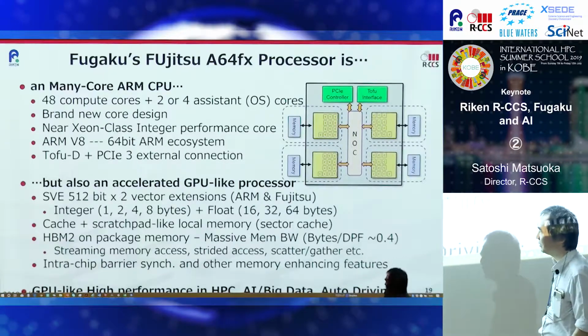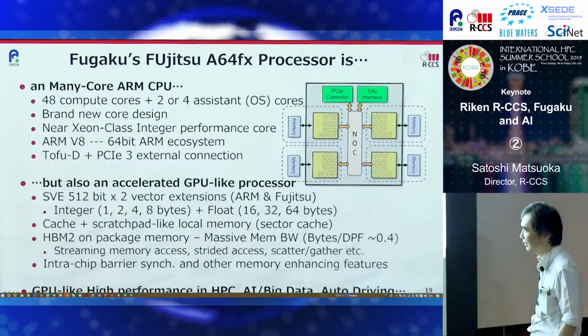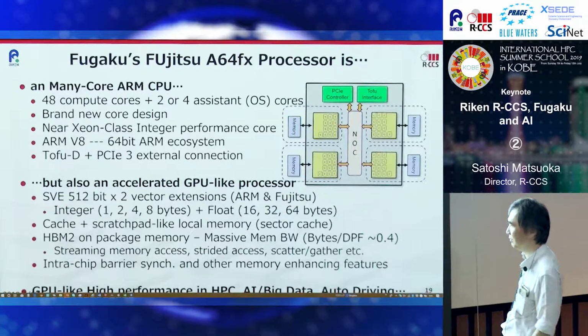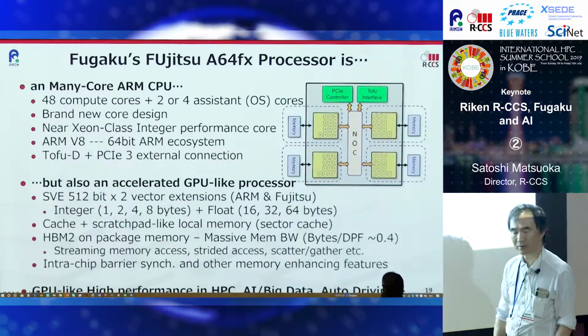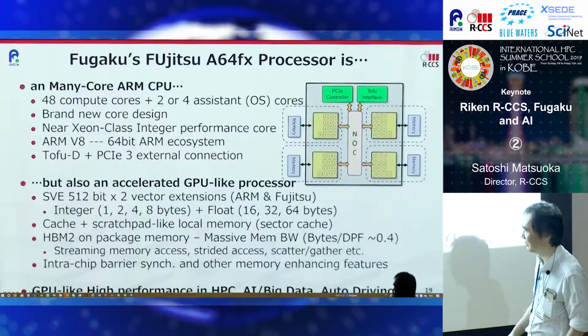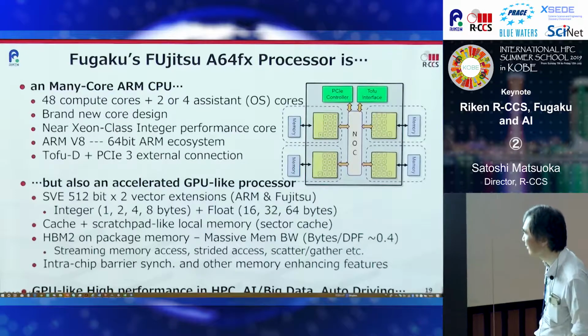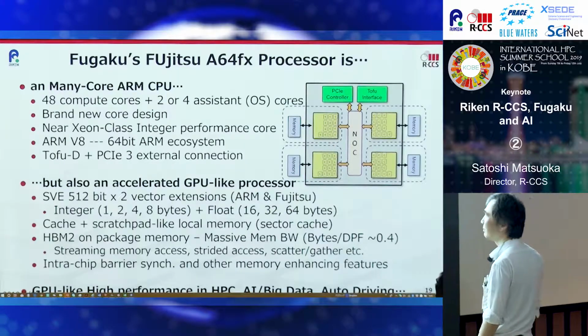It has HBM2 on-package memory for very high bandwidth, and the memory subsystem is able to sustain the streaming bandwidth. It also does stuff that GPUs don't do, like intra-chip barrier synchronization, very fast atomics, and other memory enhancements.